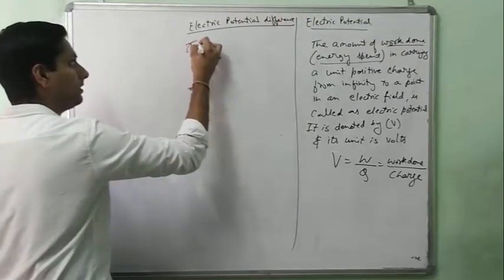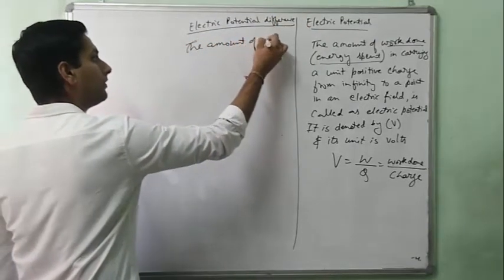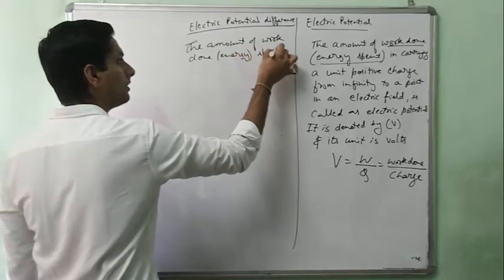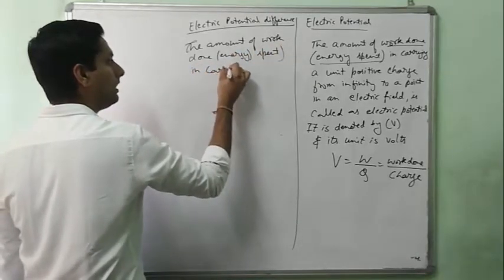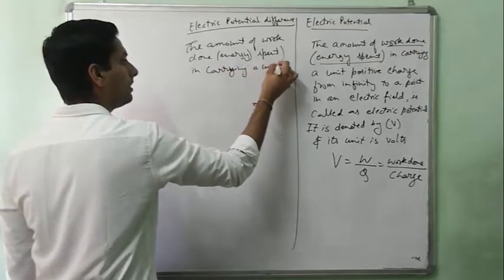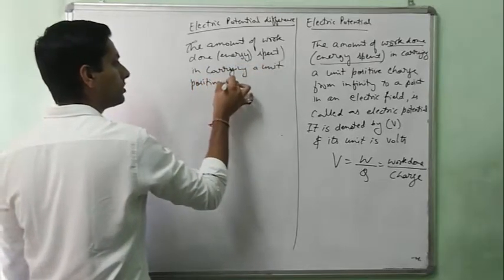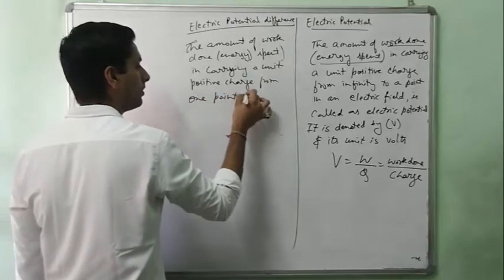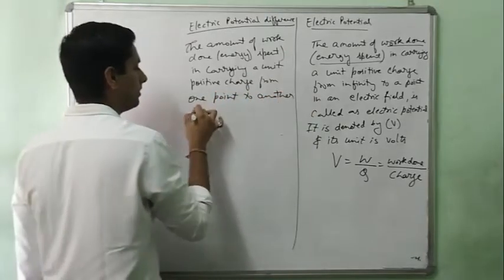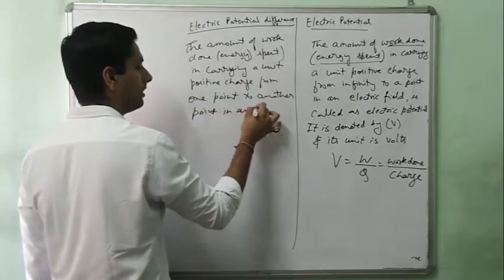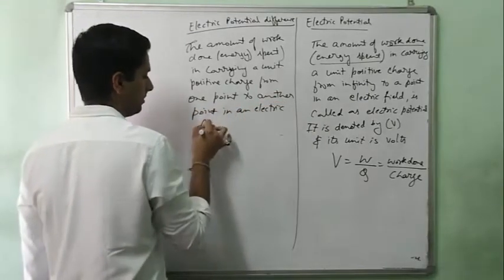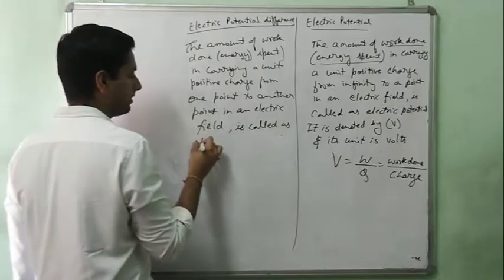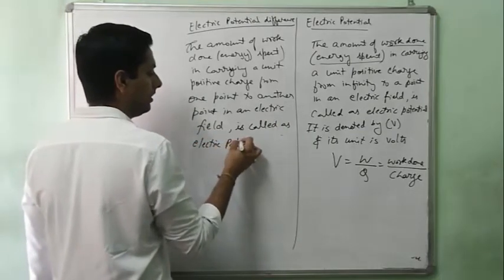Now, the amount of work done, that is energy spent in carrying a unit positive charge from one point to another point in an electric field is called as electric potential difference.